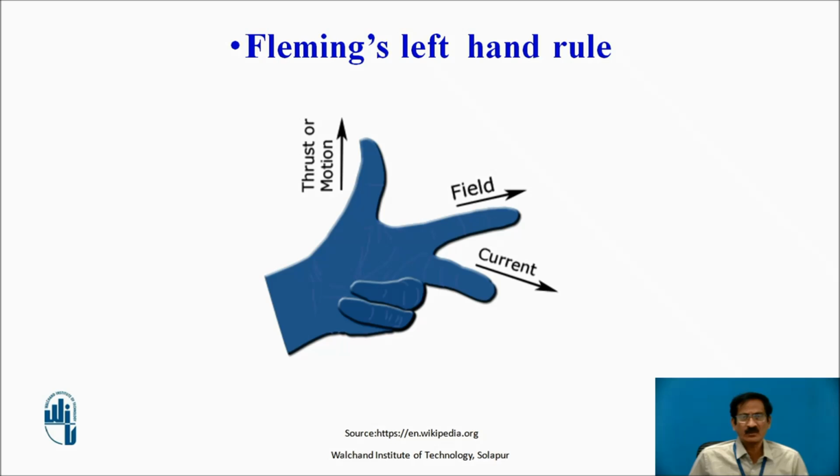Fleming's left hand rule. If we stretch the first finger, middle finger and thumb in such a way that they are mutually perpendicular to each other, such that the first finger indicates the direction of the magnetic field, the thumb indicates the direction of the motion of the conductor, and the middle finger indicates the direction of the current.